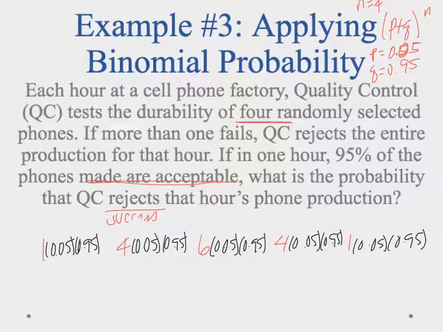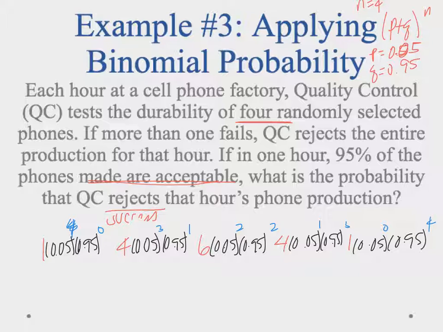And again, we use our powers again. So this is 4, 3, 2, 1, 0, and this one's 4, 3, 2, 1, 0.